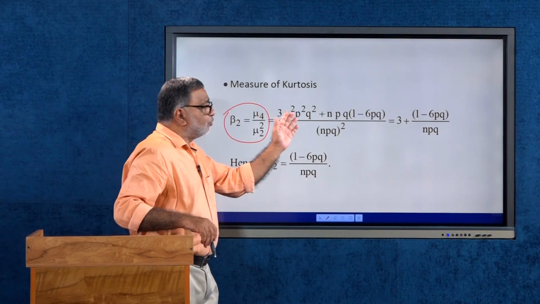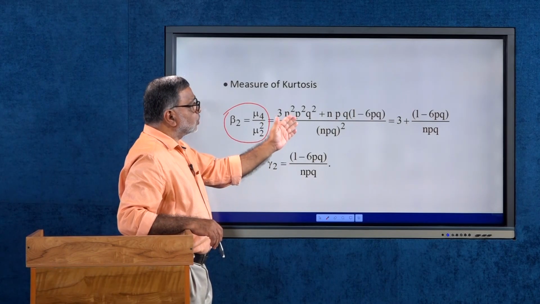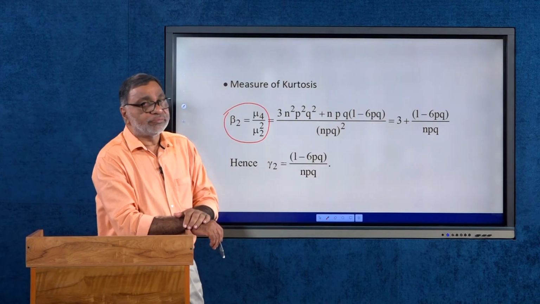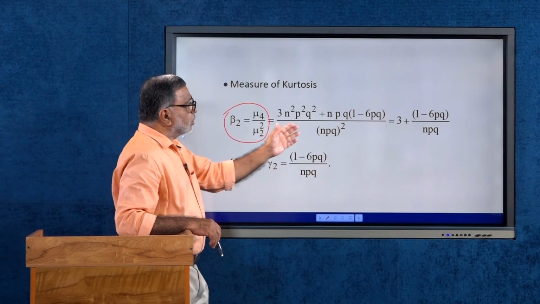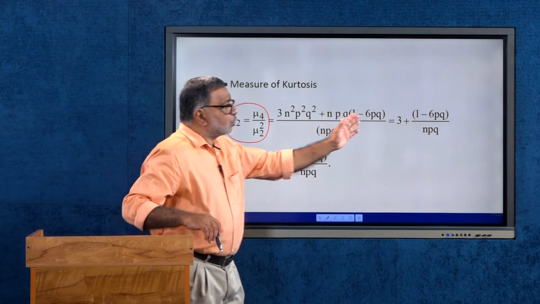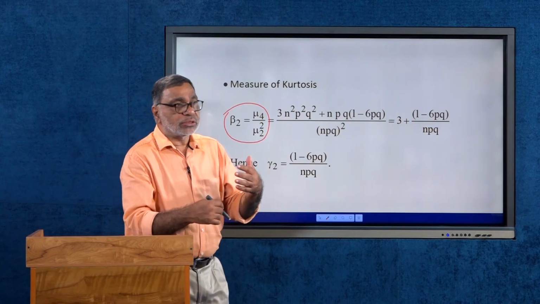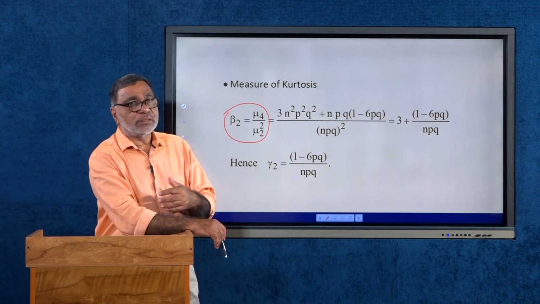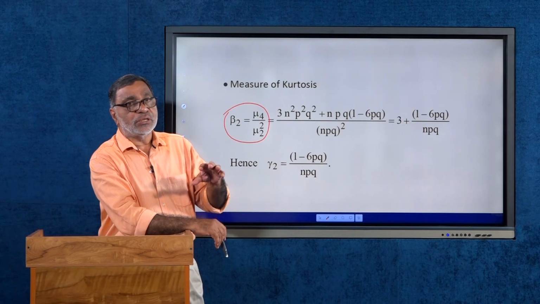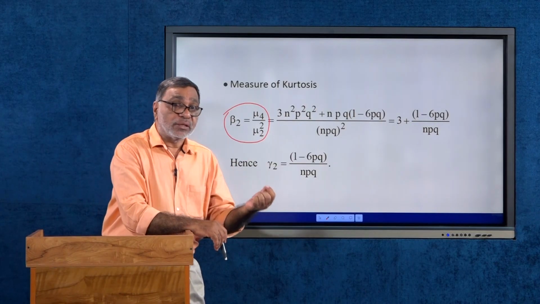The mu 4 value is already established: 3 n square p square q square plus n p q into 1 minus 6 p q, and mu 2 square is n p q the whole square. That is equal to 3 plus (1 minus 6 p q) divided by n p q. So this is the measure of kurtosis beta 2, and so you can find gamma 2 also.